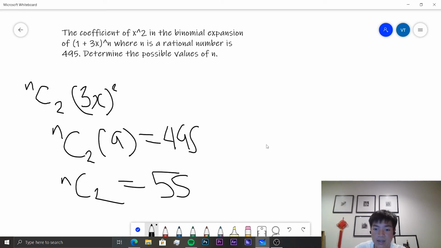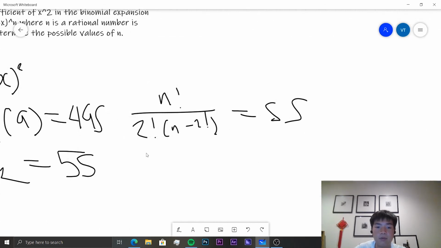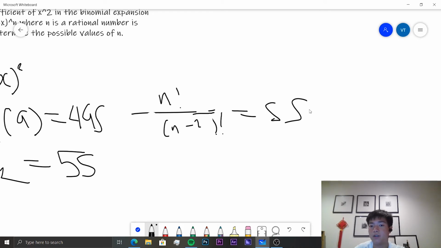So we know that n factorial over 2 factorial (n minus 2) factorial is equal to 55. Now we can straight away remove the 2 factorial from this, oh sorry, this should be outside the brackets, so n factorial over (n minus 2) factorial is 55 times 2, which is 110.